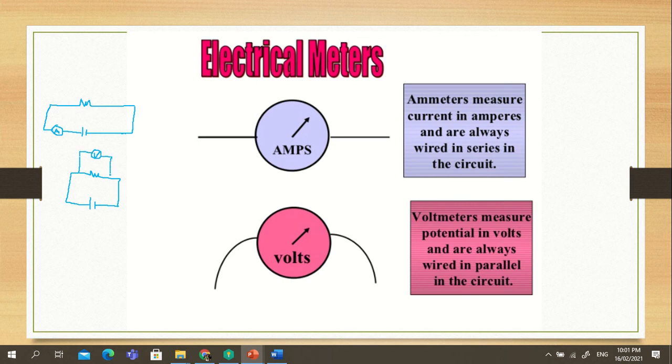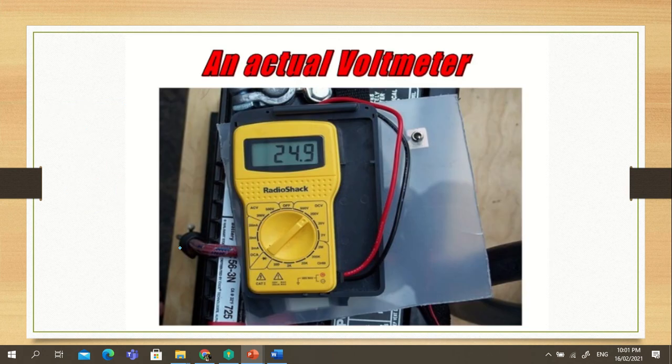Okay, so this is what is meant by wired in parallel in the circuit. So this is our circuit. It's connected in parallel.